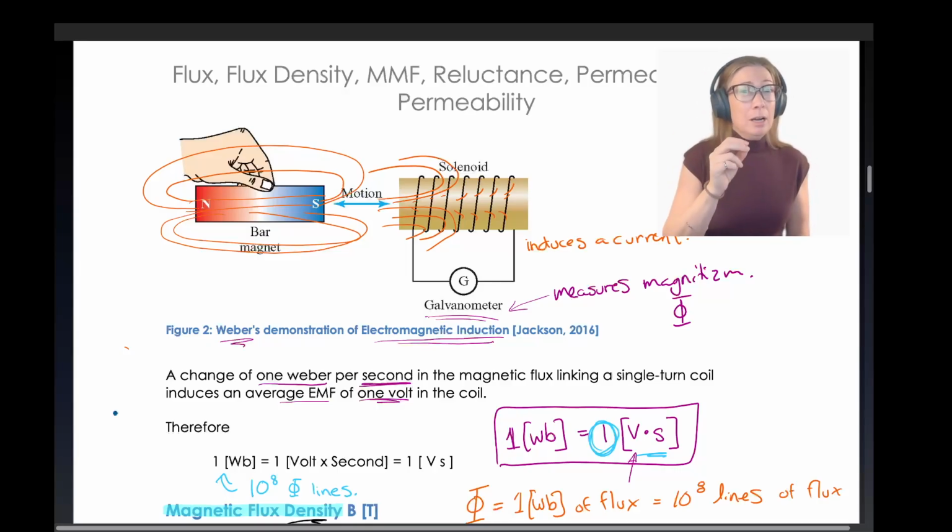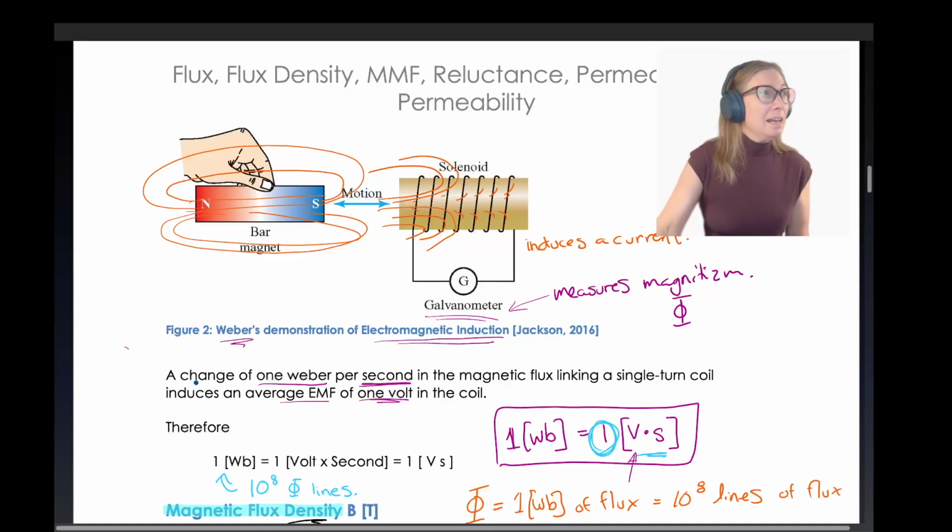Now, Weber figured out that he can change 10 to the 8 lines of flux. He can make 10 to the 8 lines of flux happen in a second, and that would induce a voltage of 1 volt in this coil.